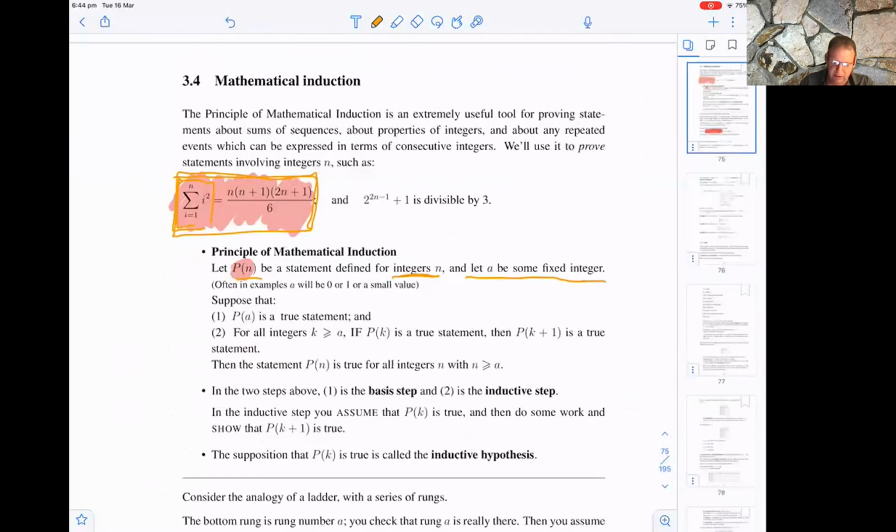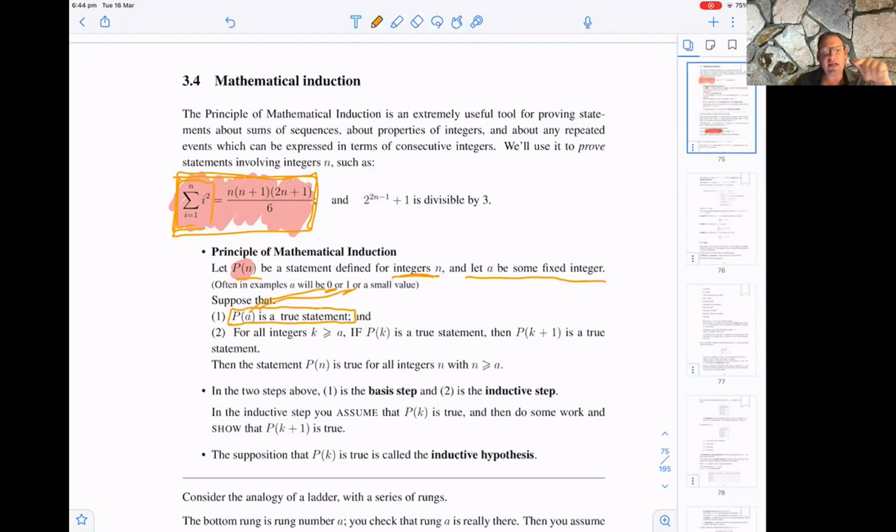Often it'll be 0 or 1, but it depends. It can be the third one or the fifth one. The idea of mathematical induction is to assume that at the start it's true: P(A), where A is your 0 or your 1, is true.